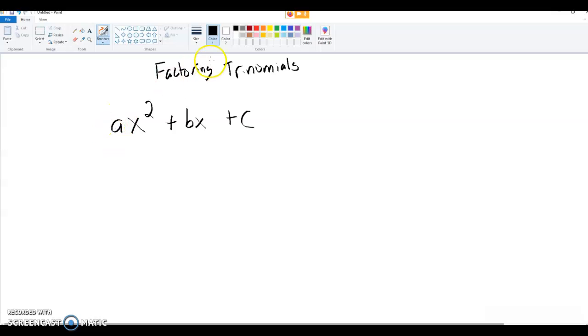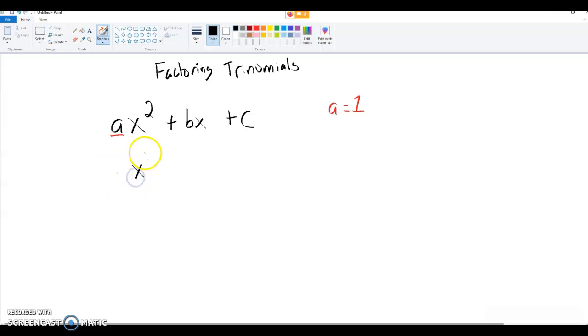The first video that I'm going to be posting is factoring trinomials where the a in ax squared plus bx plus c is equal to 1, okay? Because when we factor trinomials where a is equal to 1, it's a much simpler process.